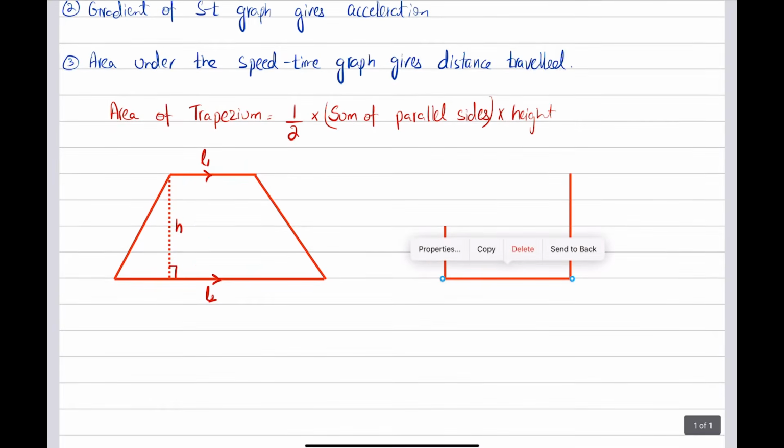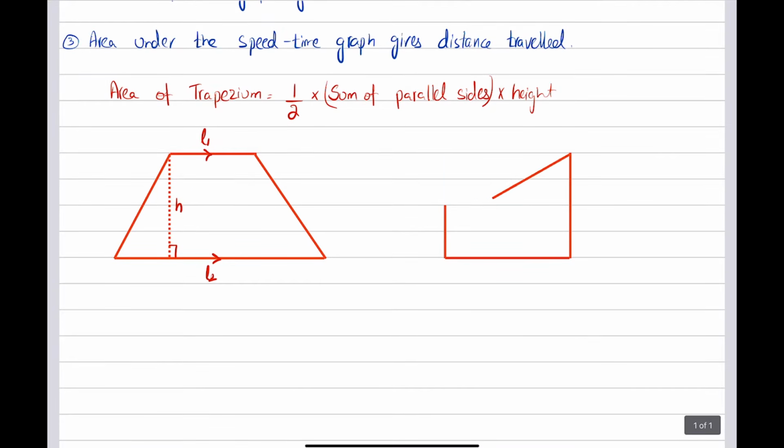Either way, the formula remains the same: half into sum of parallel sides into height. So here's L1, here's L2, and here's H. Area equals half into L1 plus L2 into H.